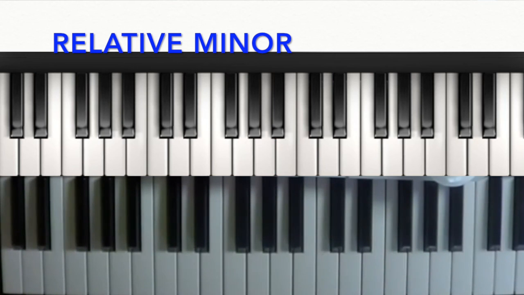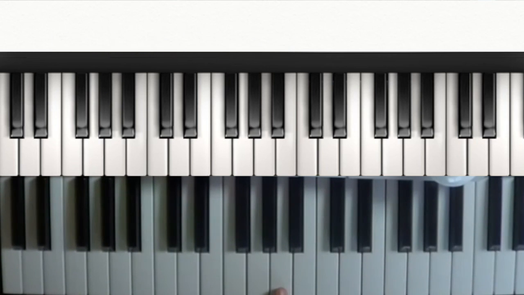Now this is very important. The relative minor scale to the C major scale, remember every major scale has a relative minor, and vice versa. Every minor scale or relative minor scale or natural minor scale, same thing, has a relative major. It's just like the other way around. So we said it's the sixth note.